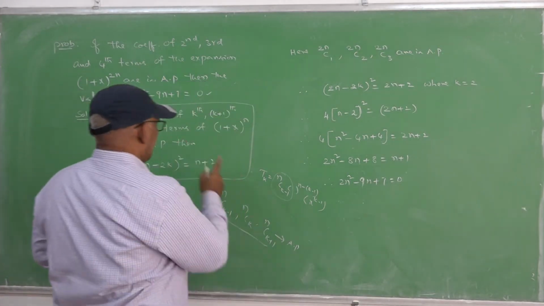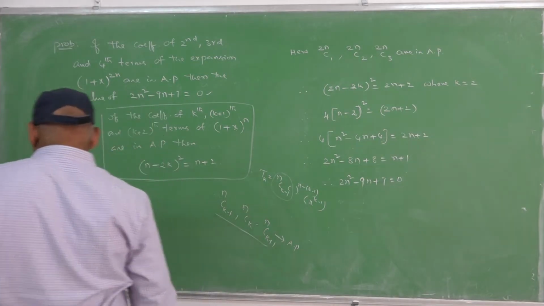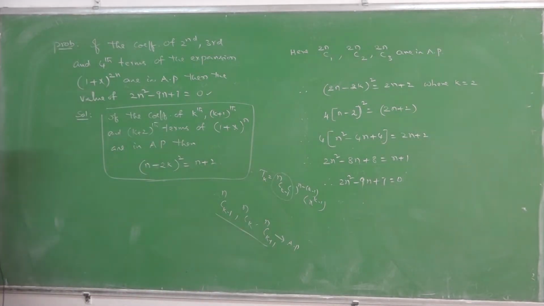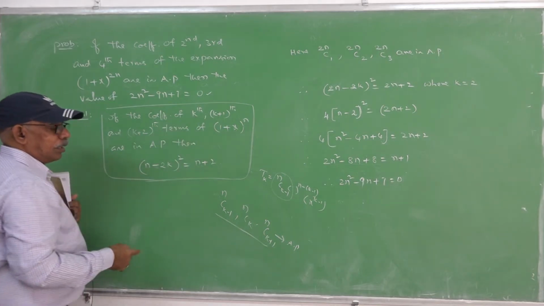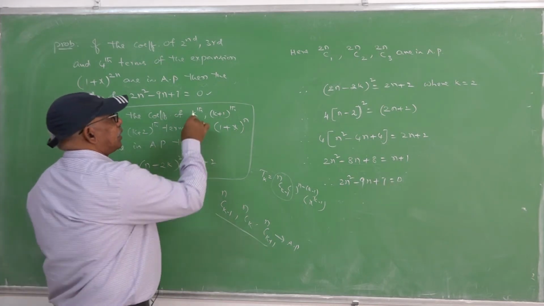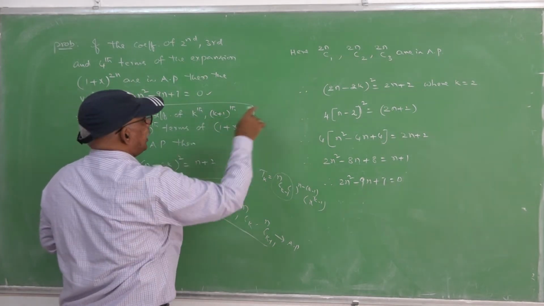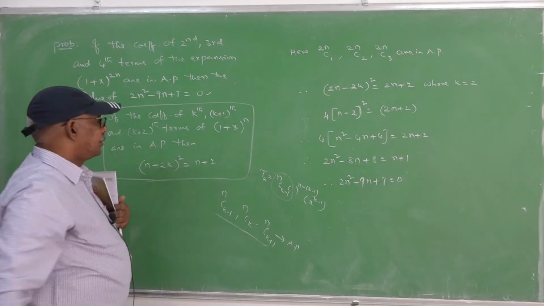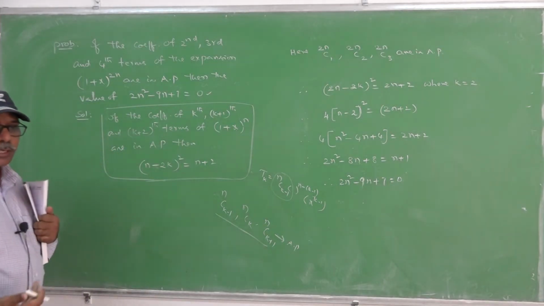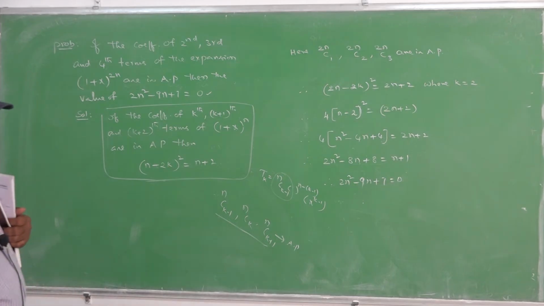So this is an important point related to the coefficients of successive terms of the binomial expansion being in AP. These are all successive terms. To get these terms, second term, you have to take k equal to 2, k equal to 3, k equal to 4, like that. Taking k equal to 2 you get the second term, k equal to 3 you get the third term.